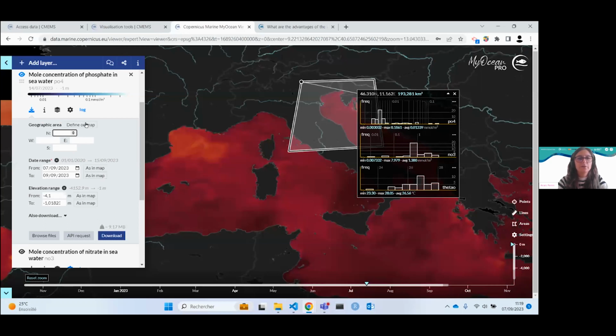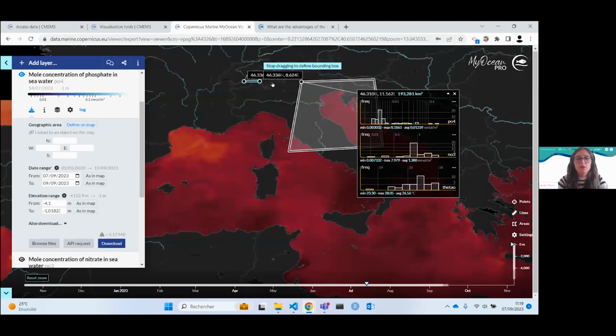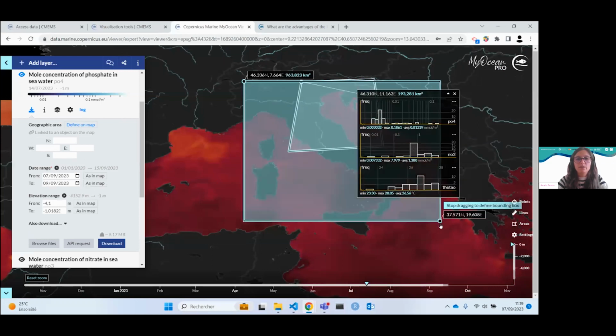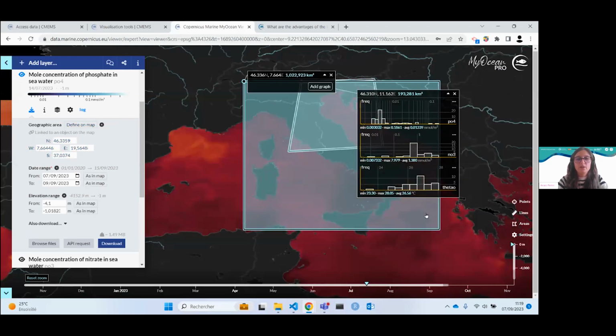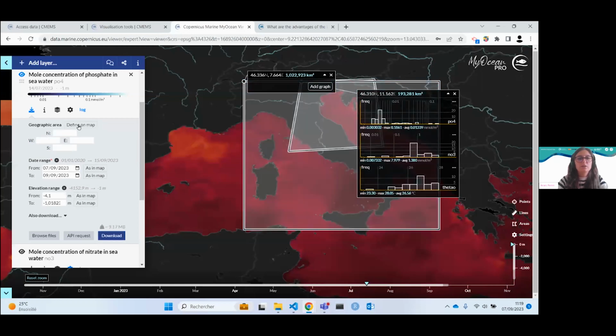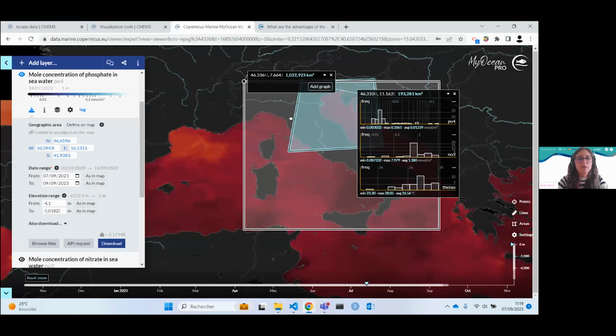With this option, we can draw our area of interest directly on the map by maintaining the left click. Here, you can also erase your selection with the cross, or even select a previously created object.